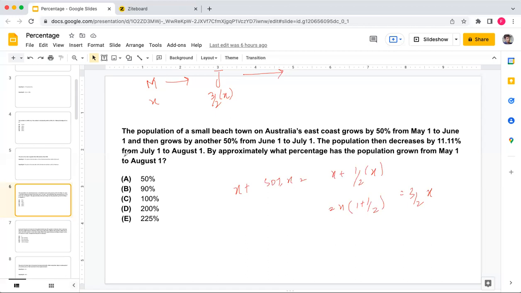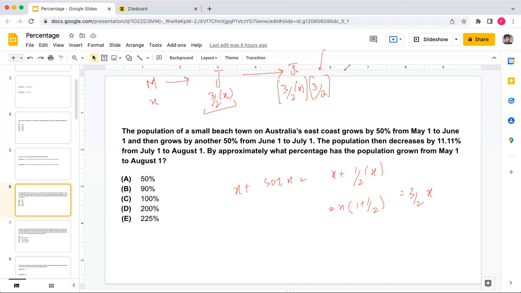Okay. Now the question is saying, and then grows by another 50%, right? So this value, now July, okay. We have this value, and this value is increased by another 50%. So again, we multiply with 3/2. This is what we got from June, and we are having again 50% of increment, which is shown by 3/2.